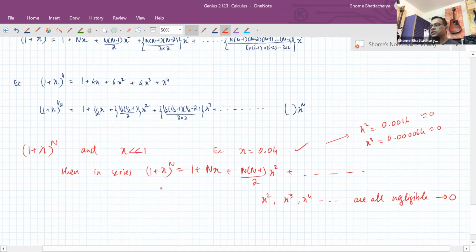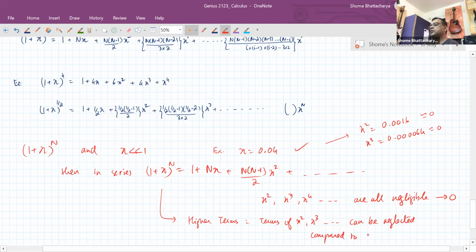Okay. So therefore in this expression, the higher terms, that is the terms of x², x³ and onwards, can be neglected compared to nx, compared to this term.